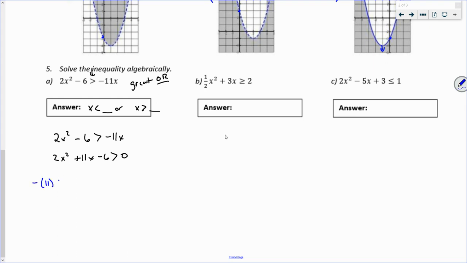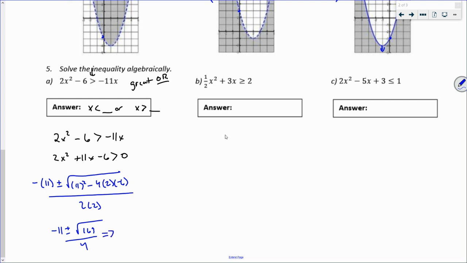So negative 11 plus or minus the square root of b squared minus 4ac, over 2a. Negative 11, well, 11 squared minus 4ac. So negative 11 plus or minus the square root of 169, over 4.